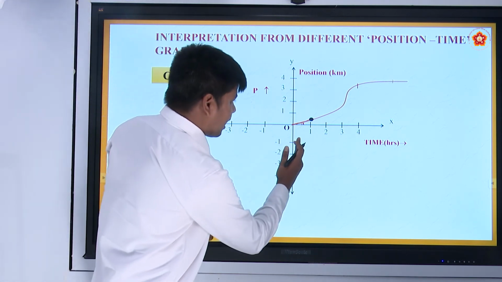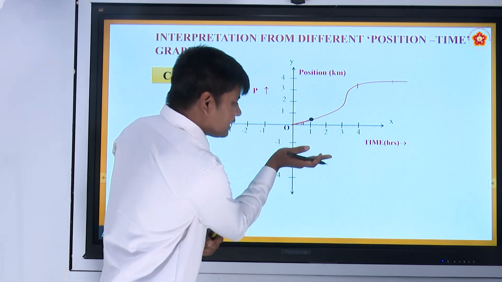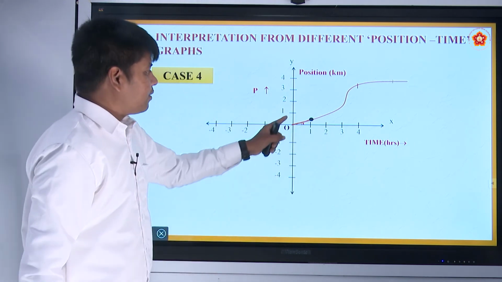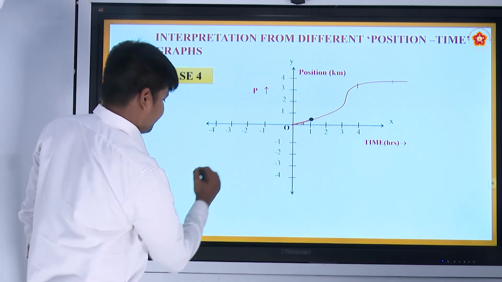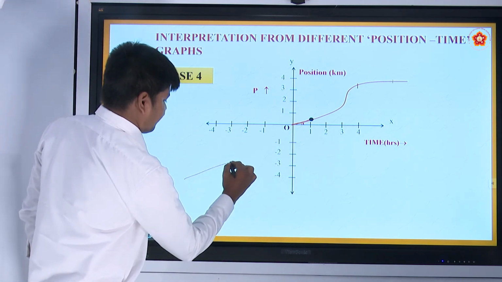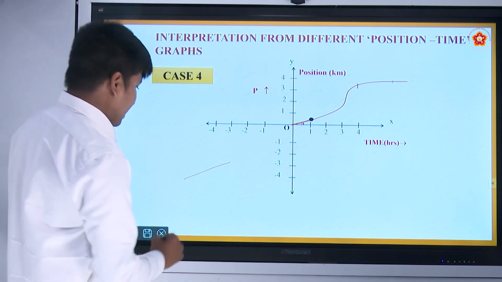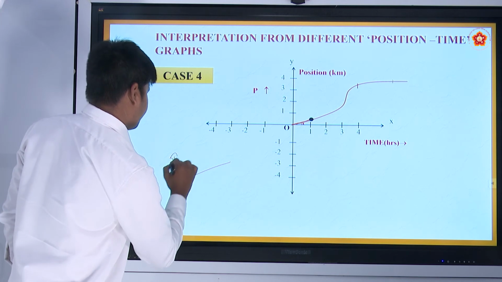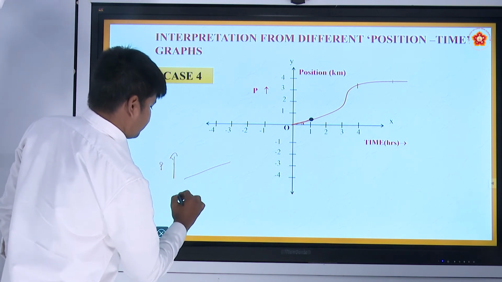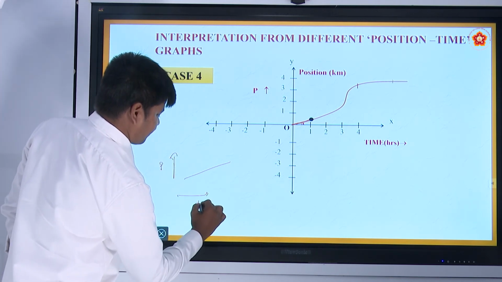As you move after 1 hour, you can see there is a slight increase in the position. If I magnify this, it was going in such a manner. This is the position, this is time.